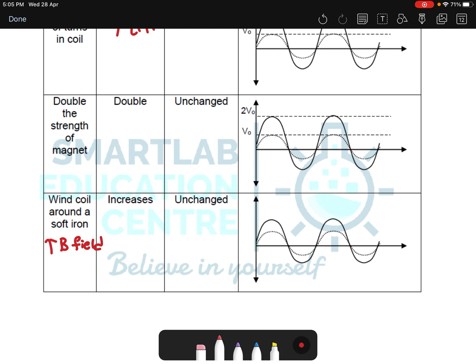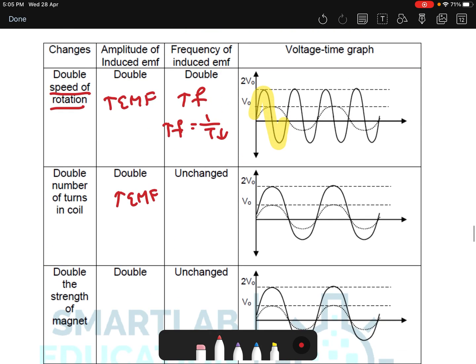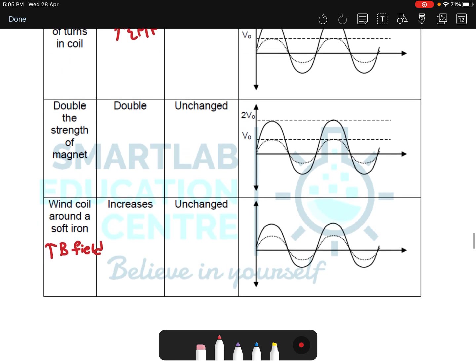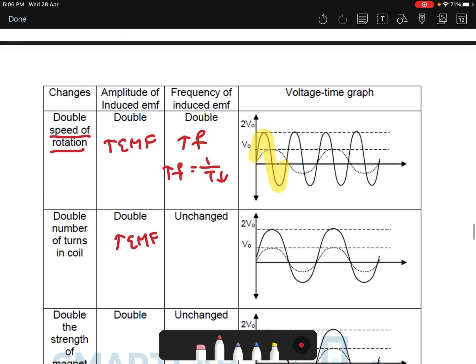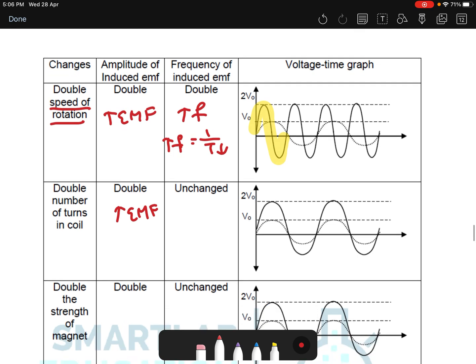If you increase your B field strength, it's like changing the strength of your magnet, so your EMF will increase, but the frequency of your induced EMF will remain the same. So these are the 4 factors that will affect the induced EMF, but only one factor will influence the frequency of your induced EMF.